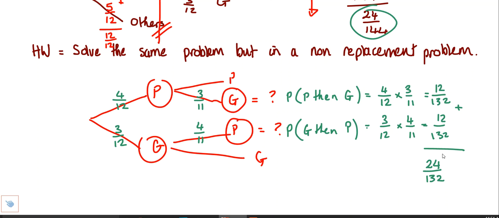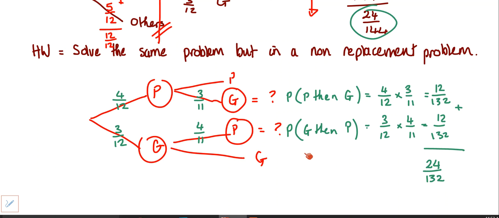So I would expect, out of 132 times, 24 of them would be pink and green. So if I were to take 2 marbles out, so without replacement is like taking 2 of them out, and if I were to do that 132 times, I would expect to get a pink and a green 24 times. Okay? Does that make sense?